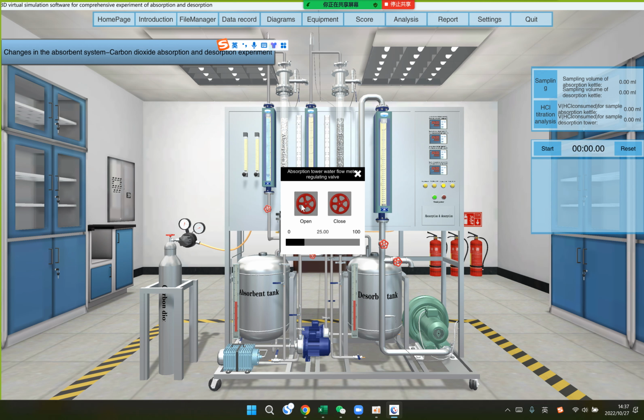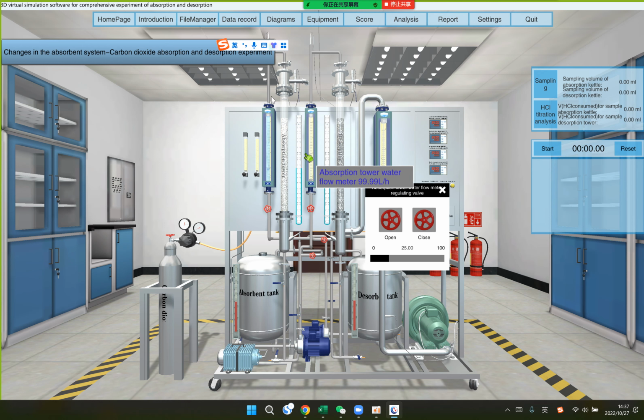In this case, the water will move from top to bottom into the absorption tower. But why is it not? Okay.